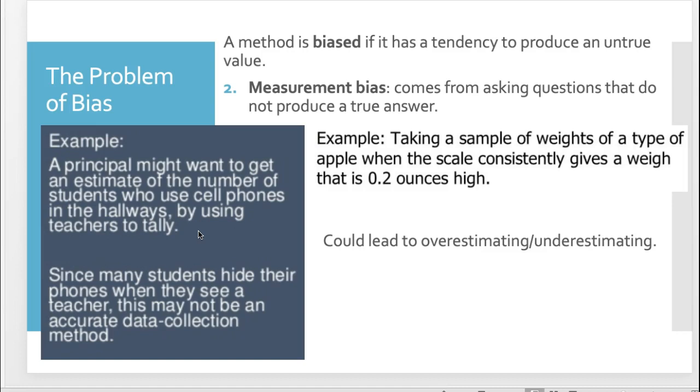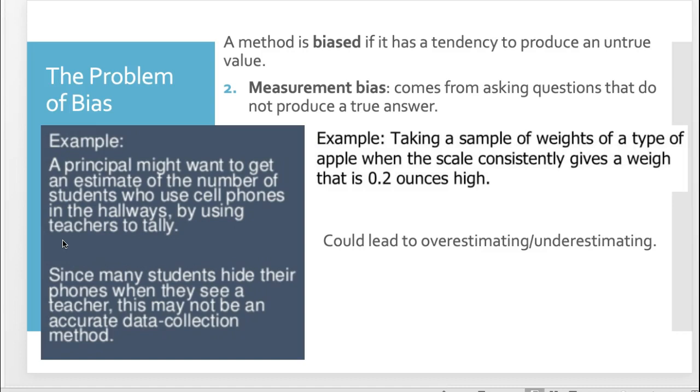What we could do to fix it is maybe not send a teacher down, but send a student. Have a student walk down the hallway and record the number to get an accurate estimate of the true number of students that are using their phones in the hallway.